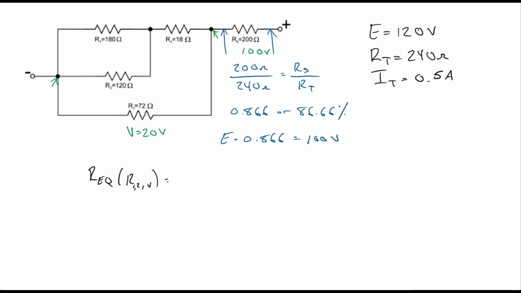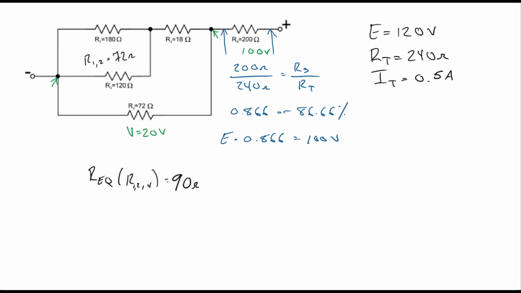So when we did R1 and 2 inversely, these two were 72 ohms, and then we added that directly with R4. Okay, so R1, 2, and 4, that equaled 90 ohms. So I can kind of treat that as its own little equivalent circuit right now.